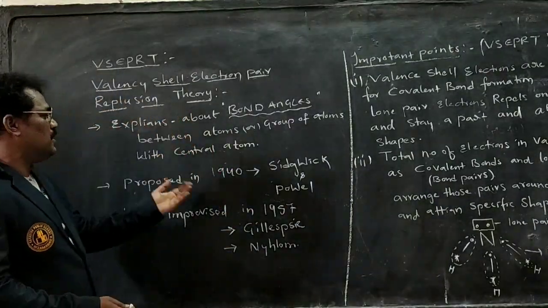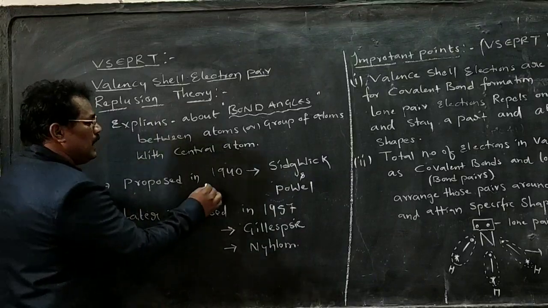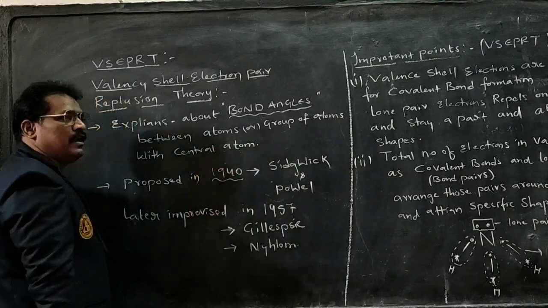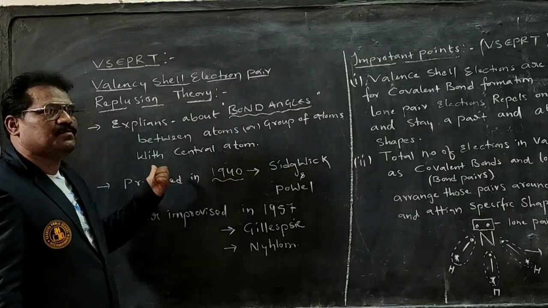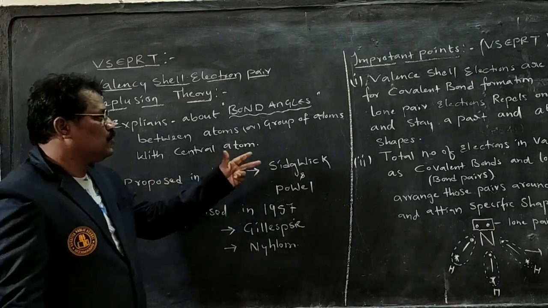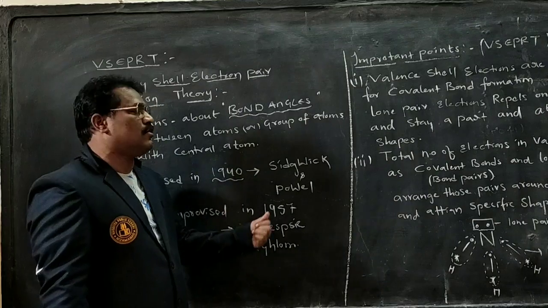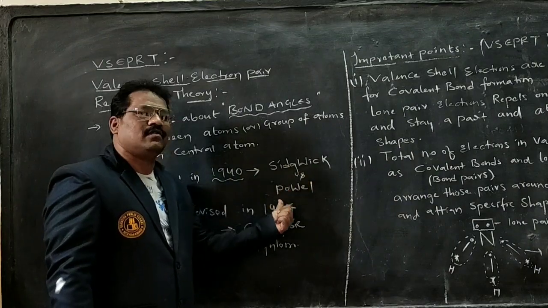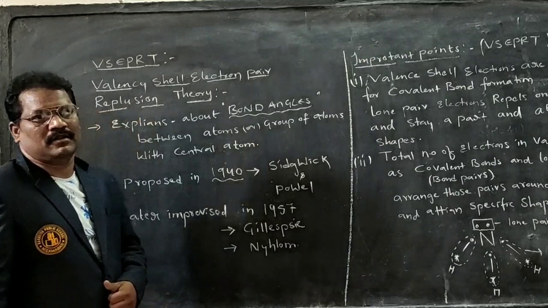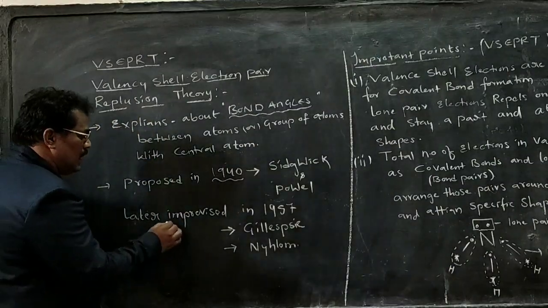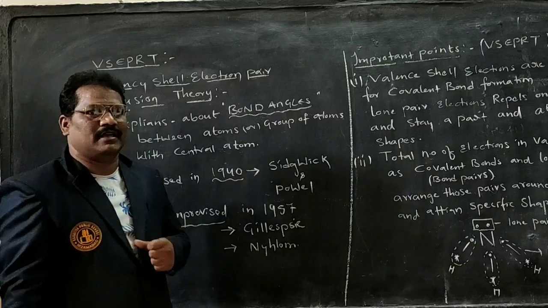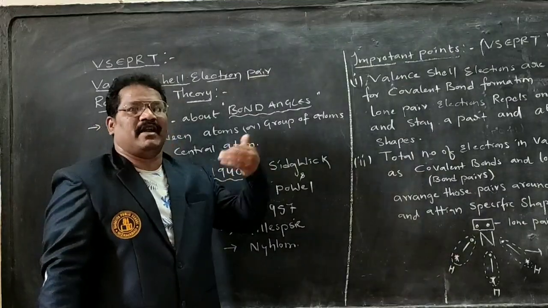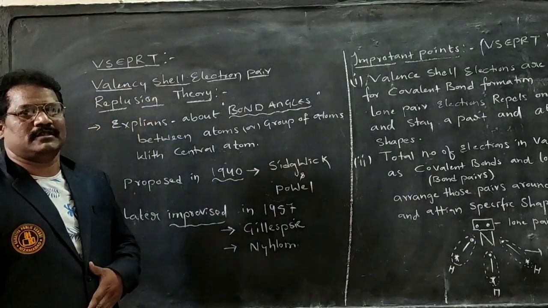First of all, coming to this particular theory. This theory was proposed in 1940. In 1940, this theory was first proposed by two different chemists. Their names are Sidgwick and Powell. Later on, this theory was improvised. It was improved to some extent by adding some additional important points.